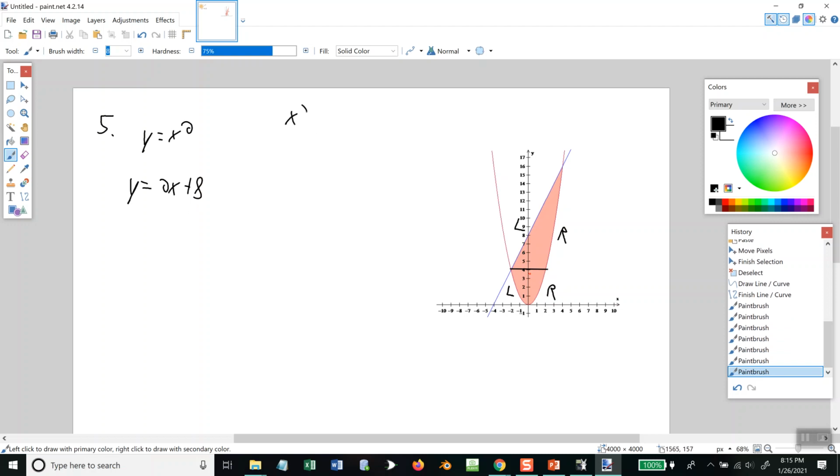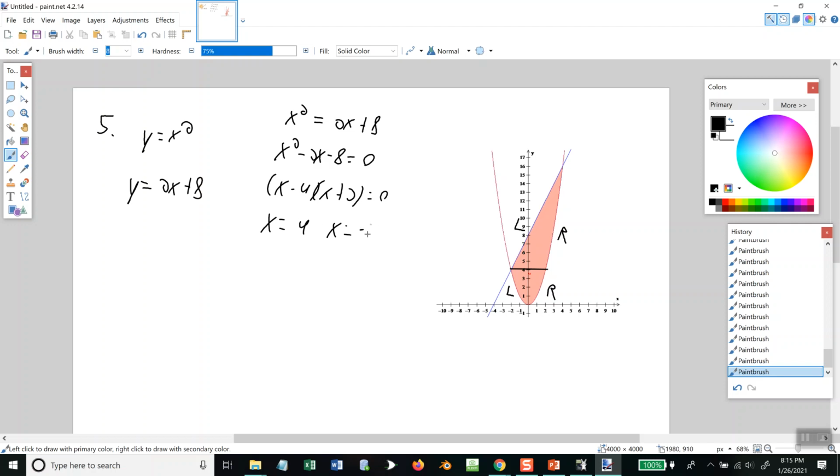Now, it'd been nice if I'd kept part of it here, but that's okay. I'll do it again. X squared equals 2x plus 8. Take that over there. There's factors: x minus 4, x plus 2. So I get x equals 4 and x equals negative 2. If I plug these in for the y, so I got y is equal to 2x plus 8.